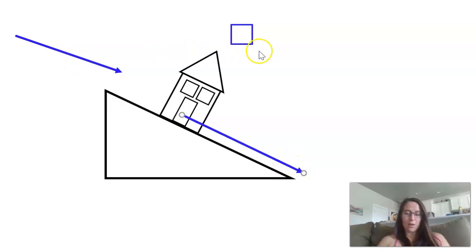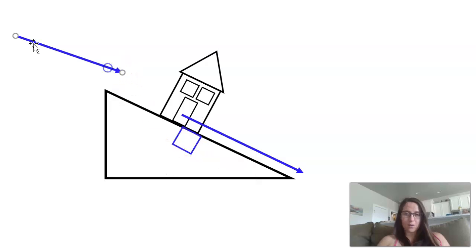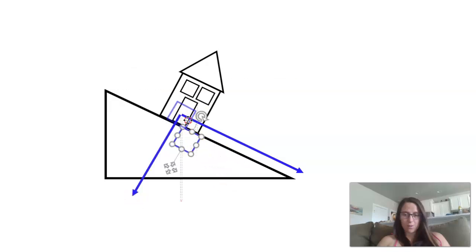And then we need to make a gravitational perpendicular force. So remember, perpendicular means that it has to be at a right angle from the slope itself. So that's why I have this box here. So I'm going to place the box against the slope, just like that. And this arrow is going to come in that direction. So I don't know again what lengths they're going to be yet.